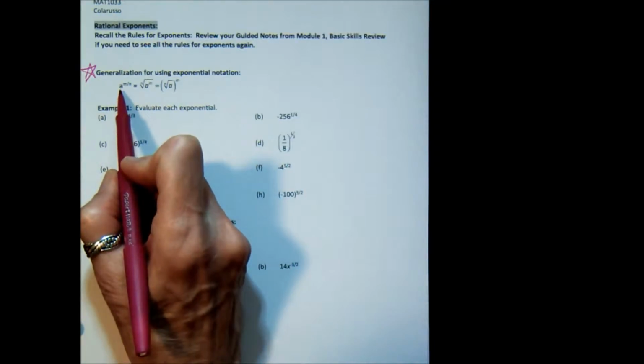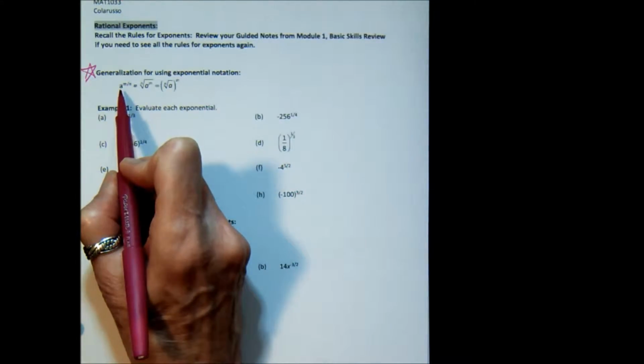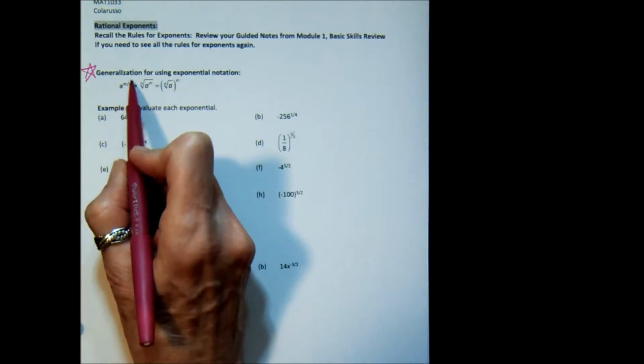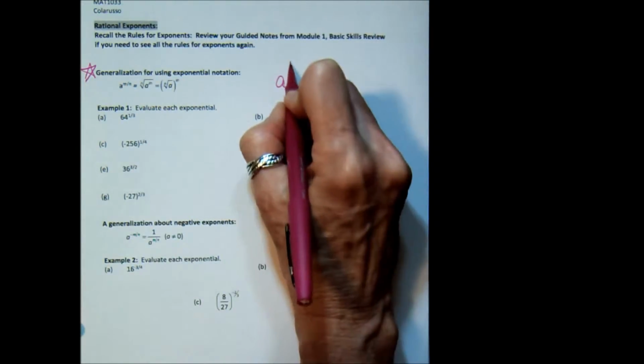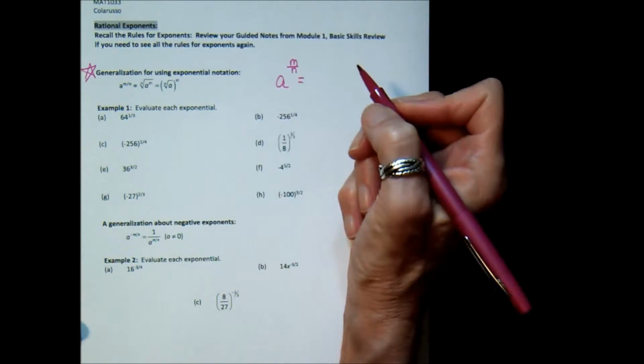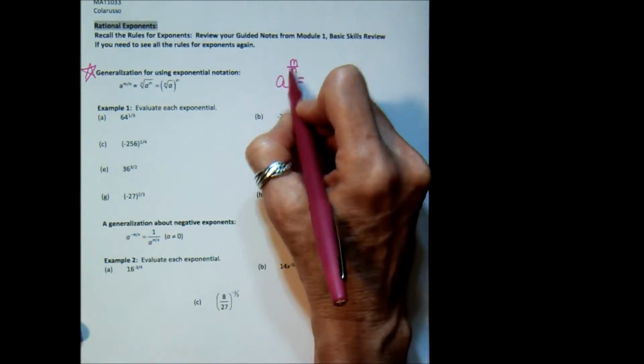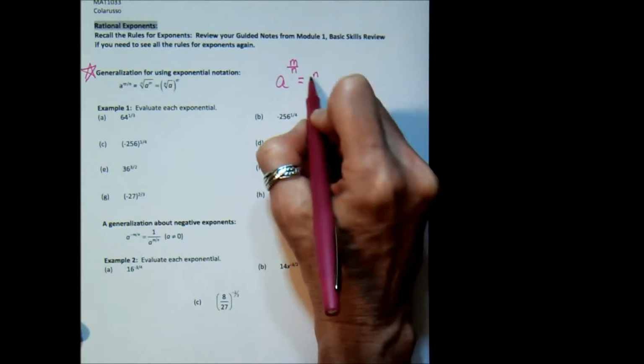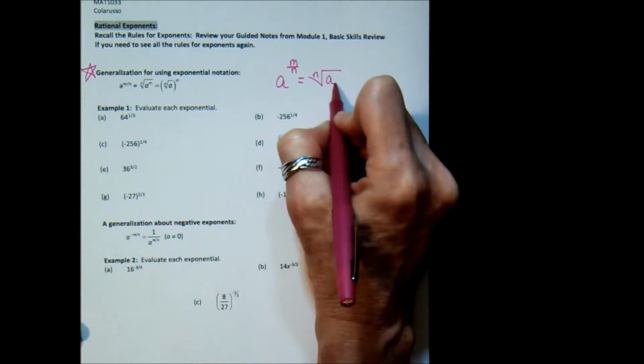If you have an expression, a number or a variable, raised to a fractional exponent, so I have a to the m over n, then what that indicates is my denominator is the root that I am taking.